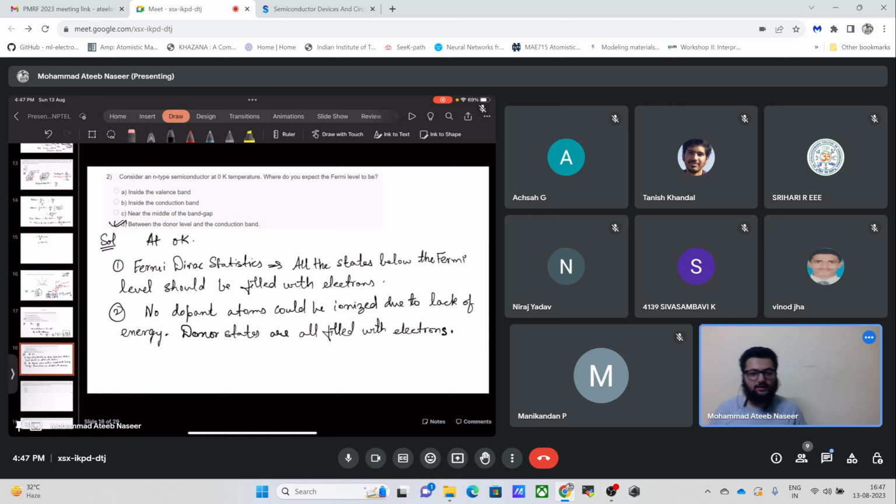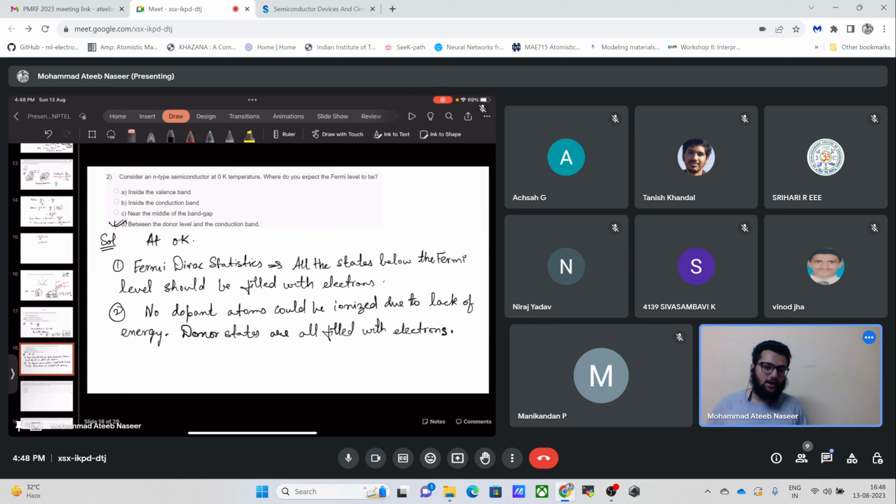And let me repeat again, since this thermal energy is not sufficient for the ionization of these dopant atoms, they cannot be ionized, so they remain in their donor level. If they are in their donor level, which is completely filled, we have to resort back to the Fermi-Dirac statistics, which says that the states below the Fermi level should be filled.